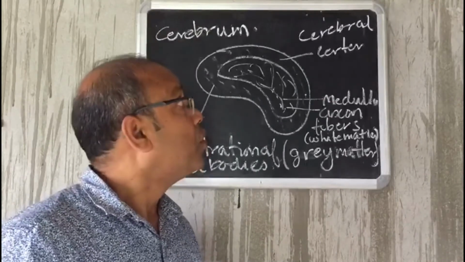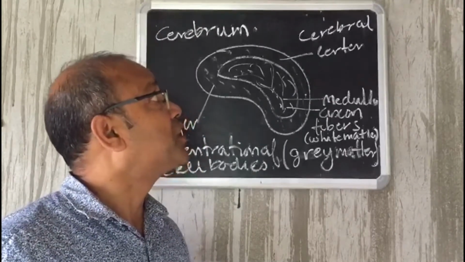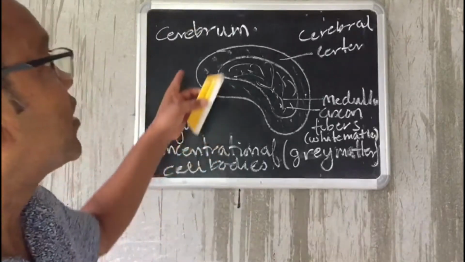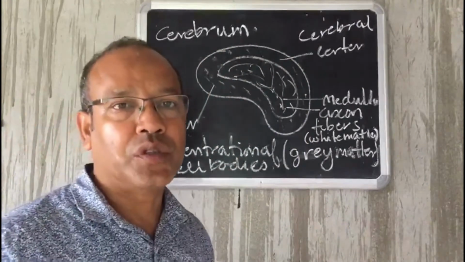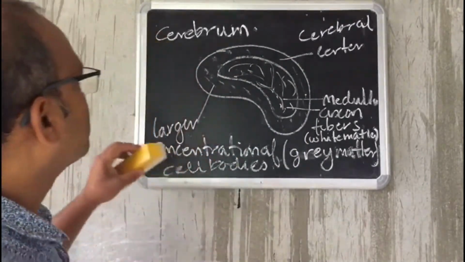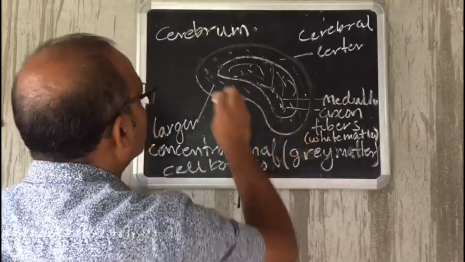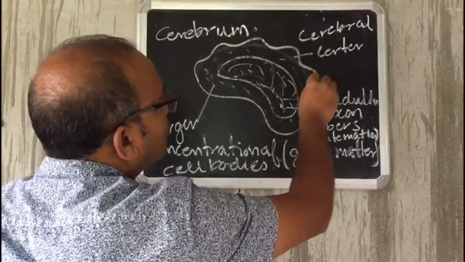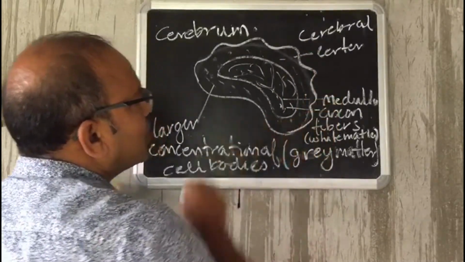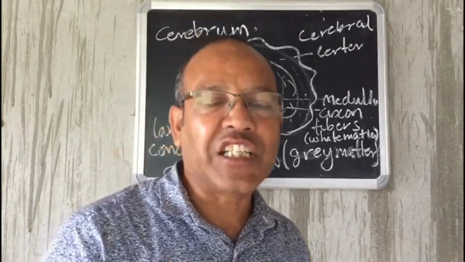Now, in this diagram, I have drawn the outer layer, the margin of the cerebrum, as smooth, but it is not so smooth. It is actually thrown out into folds like this, and because of these folds, the content of the grey matter is increased.